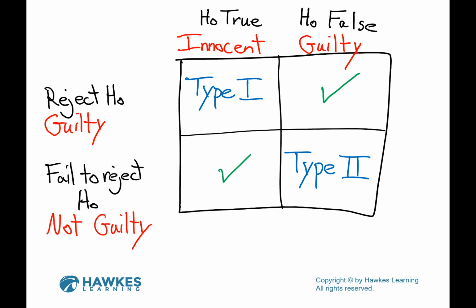Why can we not just get rid of one of the types of error? Let's think about it in the situation of court. Okay, because that's at least the idea. You watch crime shows. So if we completely eliminated type 1 error, how could we do that?